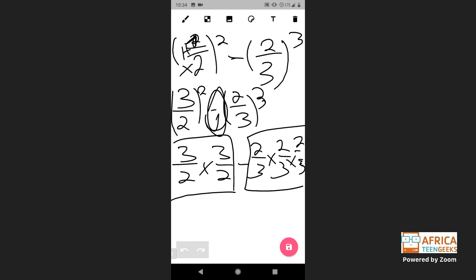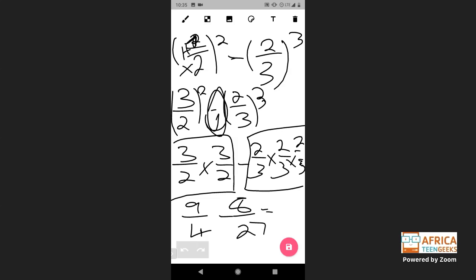So 3 multiplied by 3 equals 9, and 2 multiplied by 2 equals 4. Remember, we need to subtract. On this side, 2 multiplied by 2 multiplied by 2 gives us 8, and then 3 multiplied by 3 multiplied by 3. You probably know this one by heart because we just did it, and the answer is yes, 27.